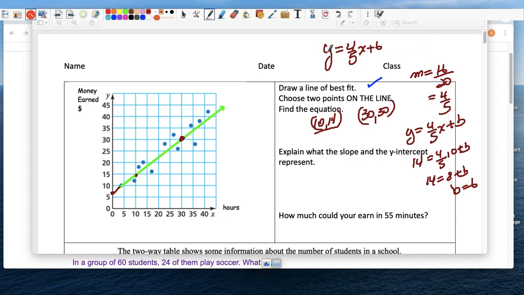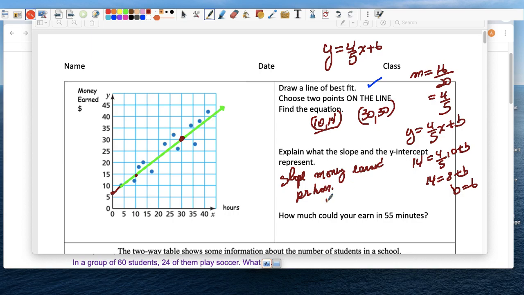Now, y represents the total money earned. What's the slope? The slope is the money earned per hour, right? So that's how much you earn. So the slope is money earned per hour. And the b, the y-intercept, is how much money you have at 0 hours. Maybe it's tips, I don't know.